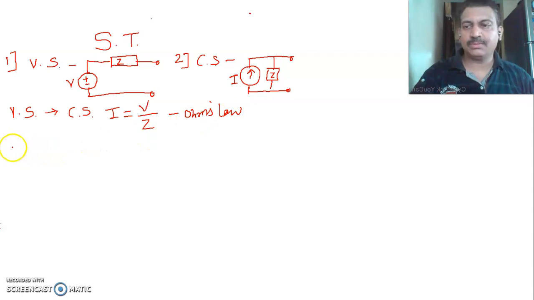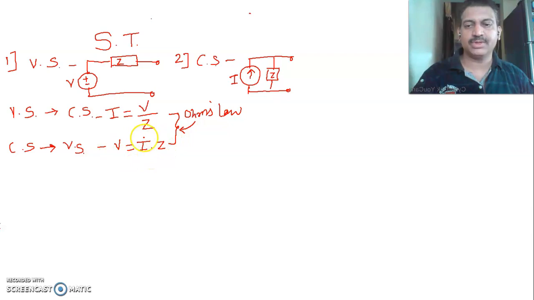When we have to transform a current source into a voltage source, using the same Ohm's law, we get V is equal to I into Z, since we find the voltage from a current source which consists of I and Z. So the law used to get the value of voltage V while converting current source to voltage source is V is equal to I into Z. In both cases Ohm's law is used.